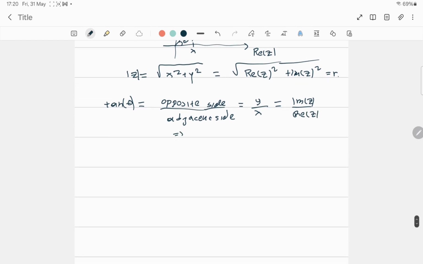Now using the inverse of the tangent function, we get that theta is arc tangent of Im z over Re z, or theta equals arc tangent of y divided by x.